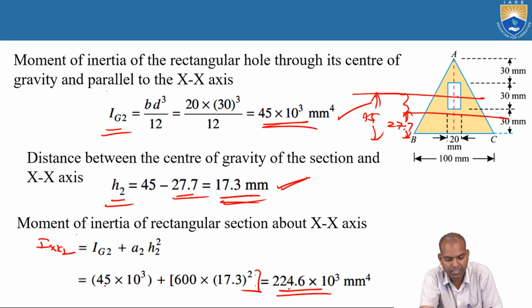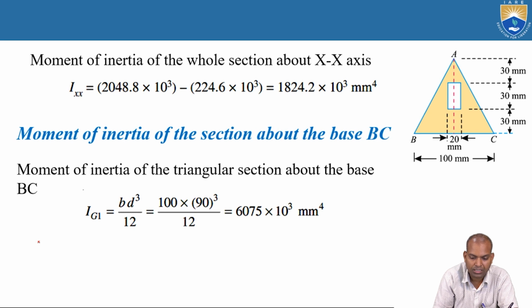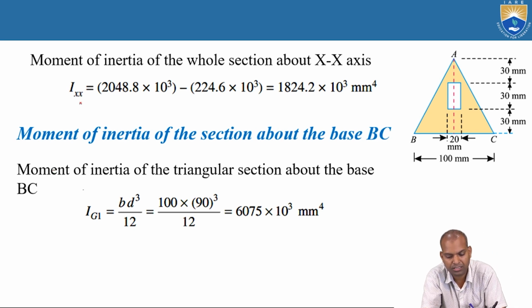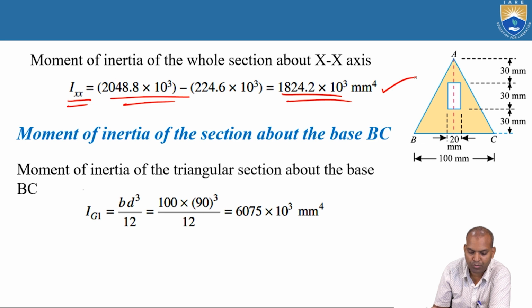Then the value is obtained as 224.6 times 10 cubed millimeter to the power 4. Now we have to subtract this Ixx2 from Ixx1. Then the moment of inertia Ixx equals, if you subtract, 1824.2 times 10 cubed millimeter to the power 4. That is the moment of inertia of the section about axis XX.